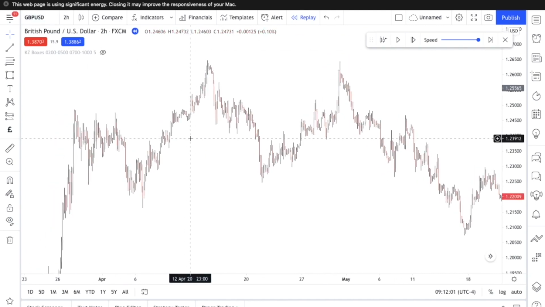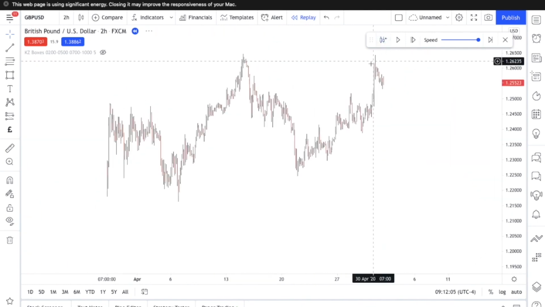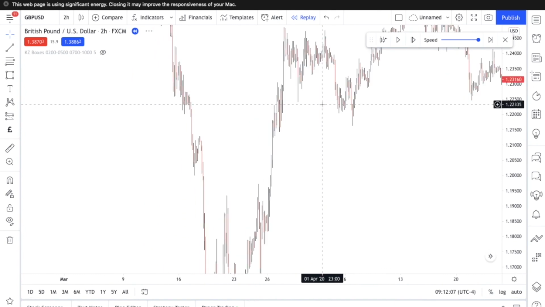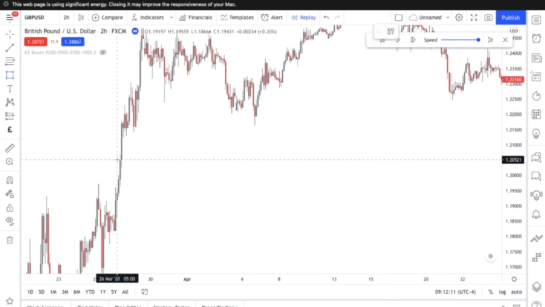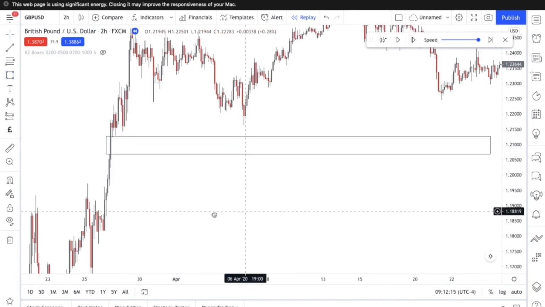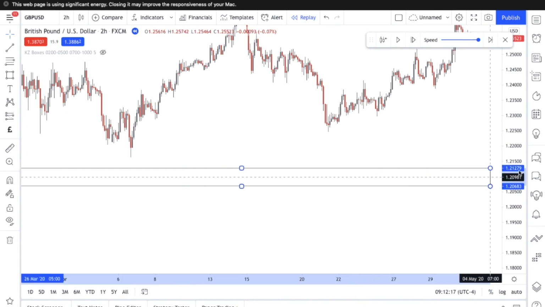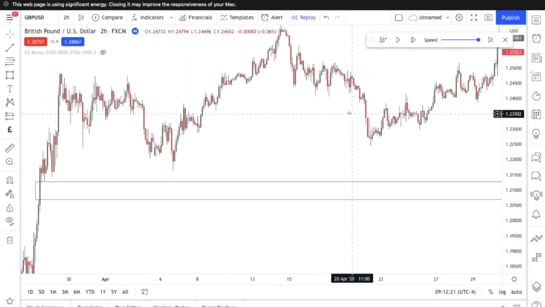Now, GU. Let's look at the bigger picture, right? Let's replay price here. What can we identify already right over here? All of this imbalance, right? So there is imbalance down here that still needs to be filled. Cool.